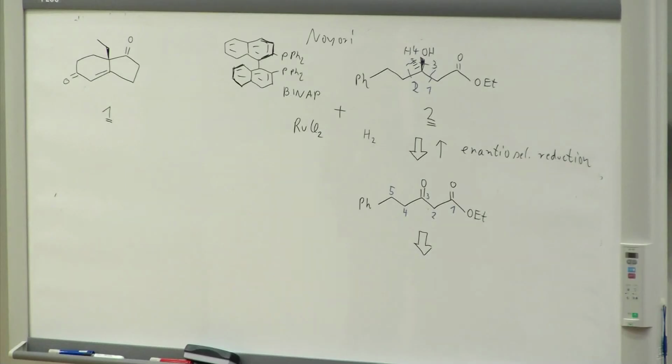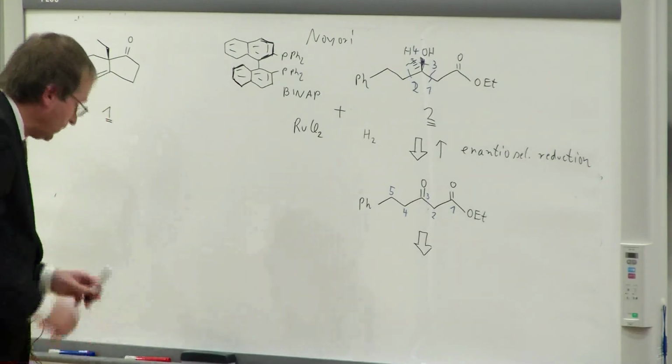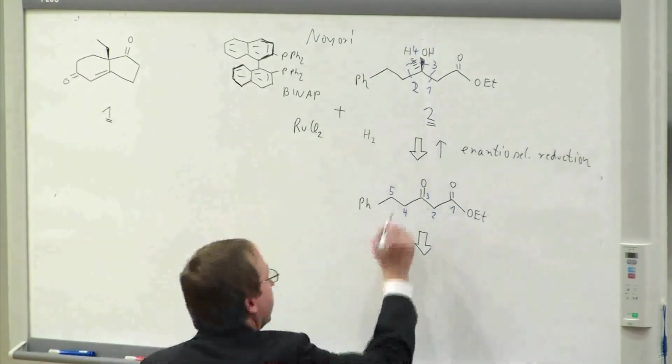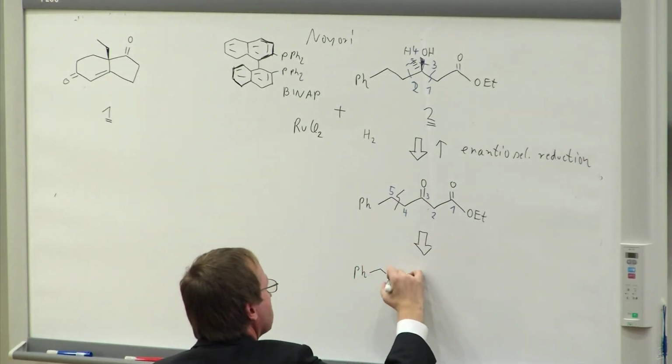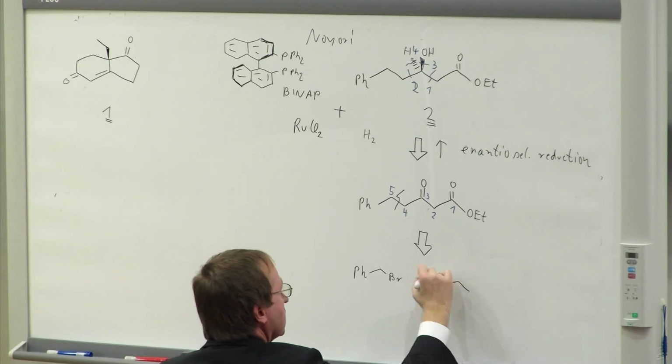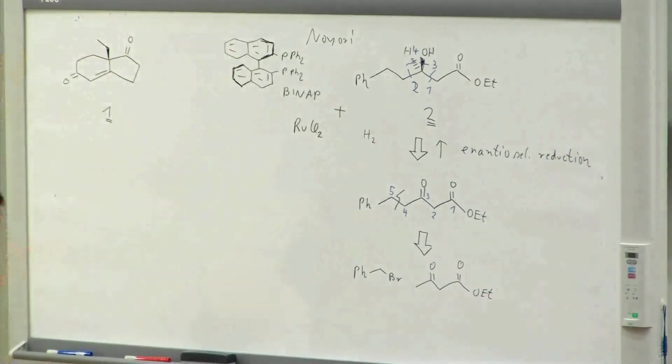Well, easily available and cheap chemicals are benzyl bromide and acetoacetate. These two reagents are in your department available at some place, and they can be used to form this bond.